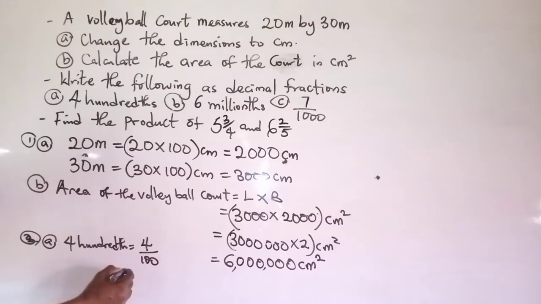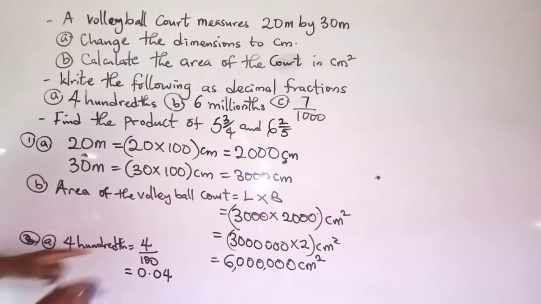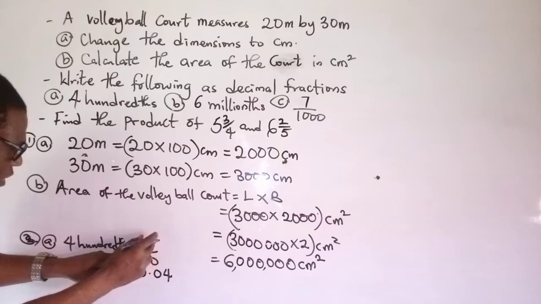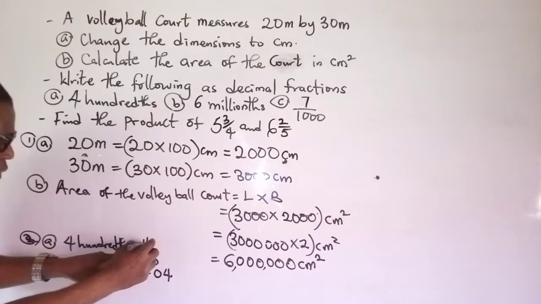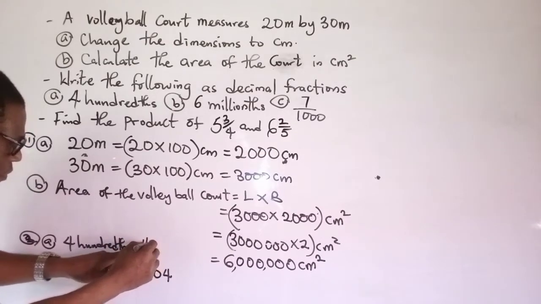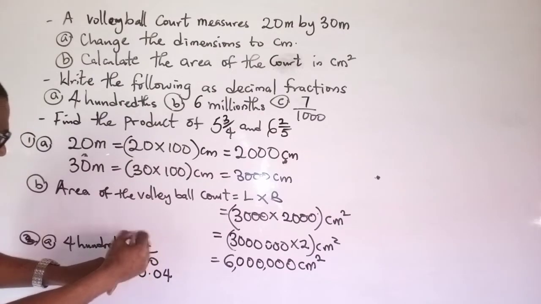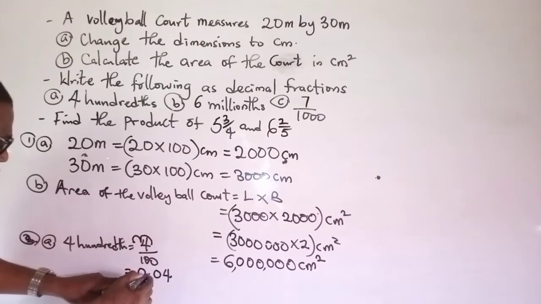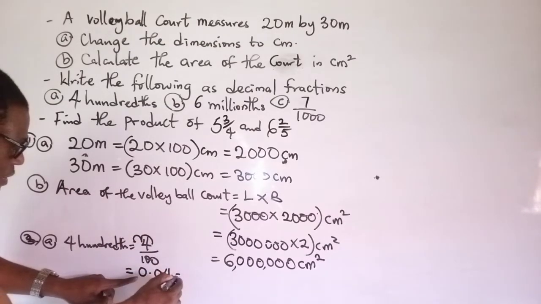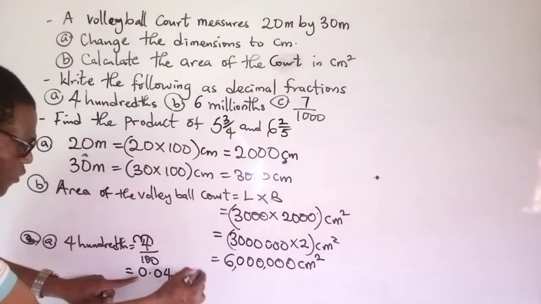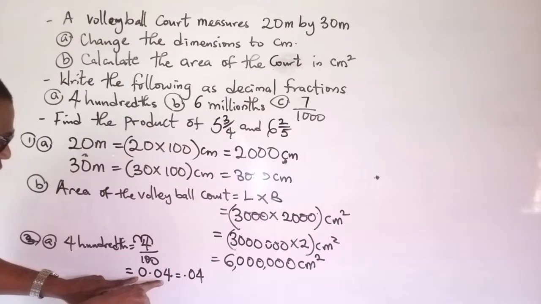This will be 0.04. The point is here because it's 4.0, so just move the point 2 times backward. 1, 2. So this point stops here.